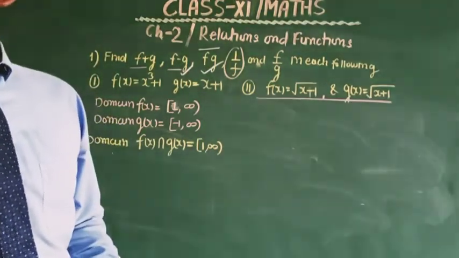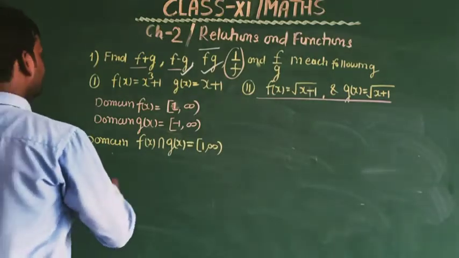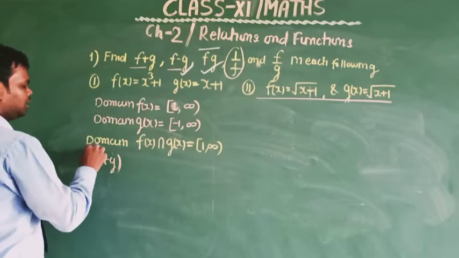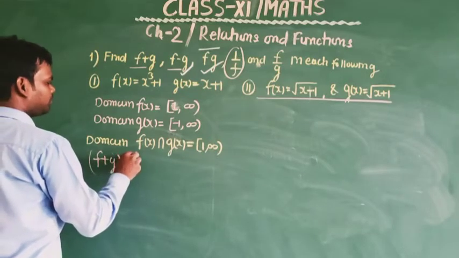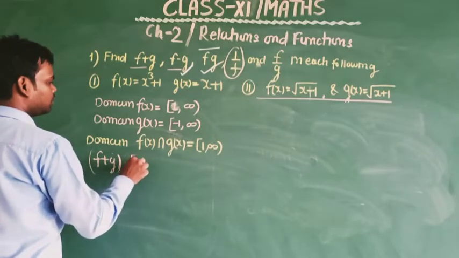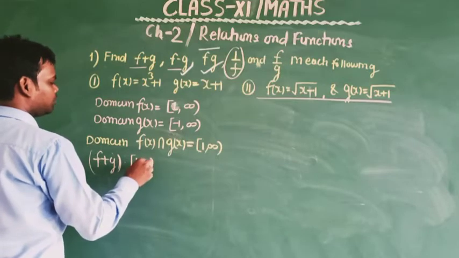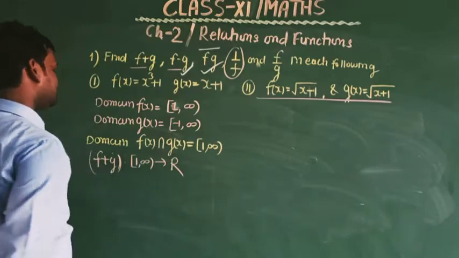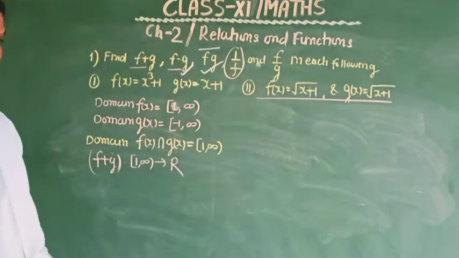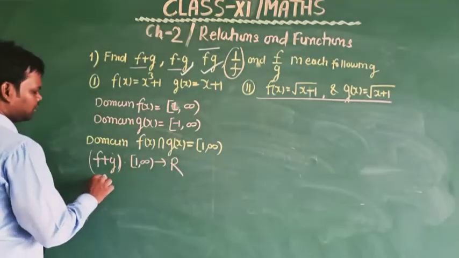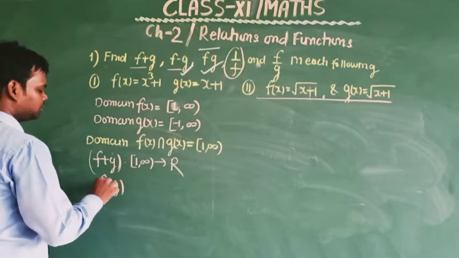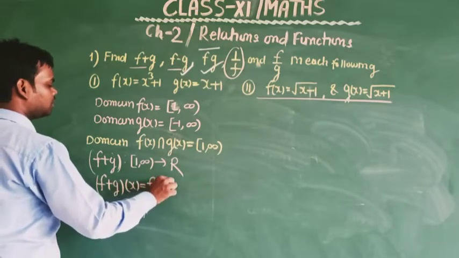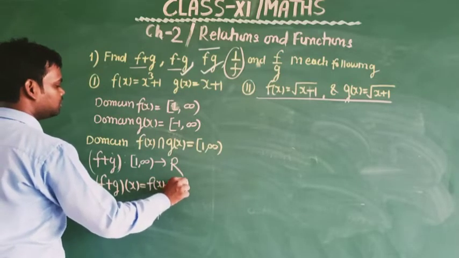Now we have to find f plus g. f plus g is a function from the closed interval 1 to infinity to real numbers, defined by f plus g of x equal to fx plus gx.